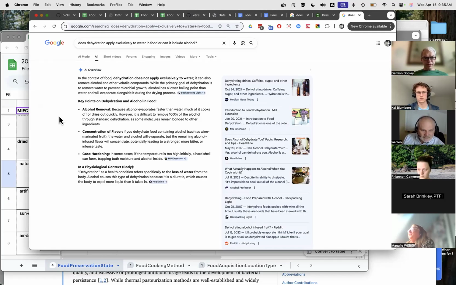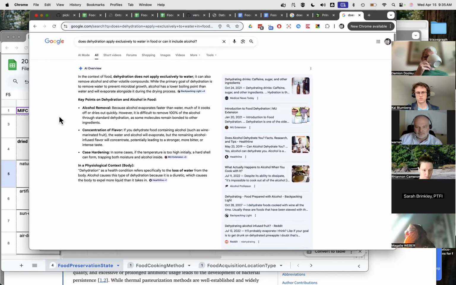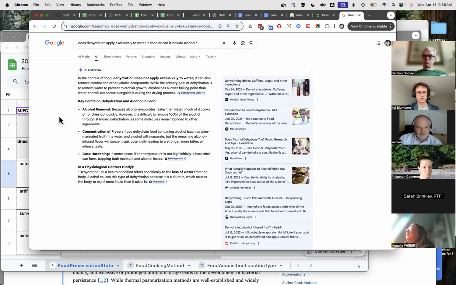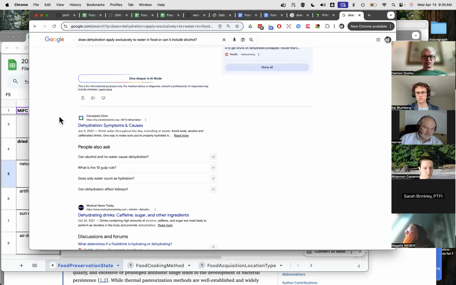Hydrated is water, true. But this does not always apply exclusively to water. From the etymology, it should, but not in the real world. In chemical terms also, something that's hydrated has an additional water molecule on it. But they say that it does not apply exclusively to water. I'm surprised, but that's it.